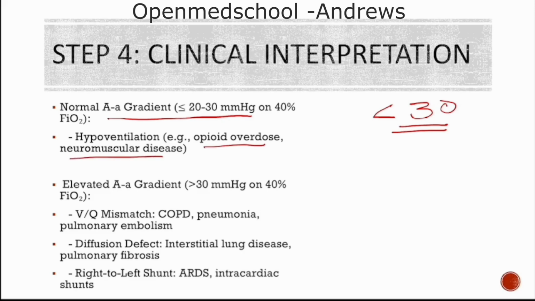With an AA gradient of more than 30 millimeters of mercury, you have to suspect V/Q mismatch, which can occur in COPD, pneumonia, pulmonary embolism. These are the common conditions. Or there may be a diffusion defect, interstitial lung disease, or right to left shunt.